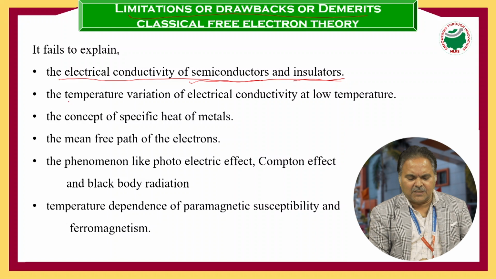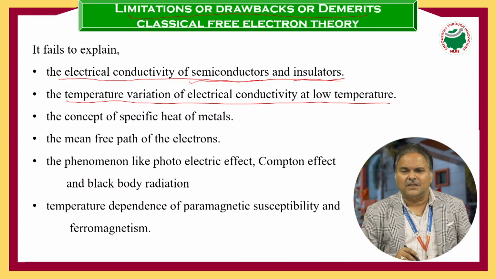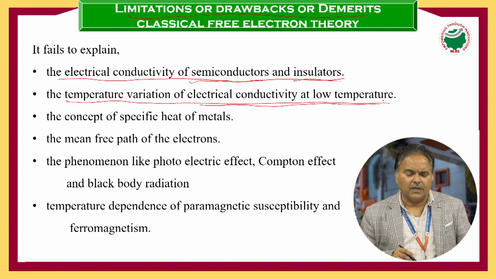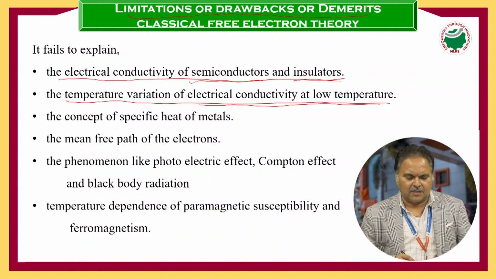Similarly, the temperature variation of electrical conductivity at low temperature. Usually it explains the conductivity at a particular temperature, but the temperature dependence it won't explain. It is usually explained at room temperature, but at low or high temperature we cannot explain the electrical conductivity. So that is also one of the drawbacks of classical free electron theory.